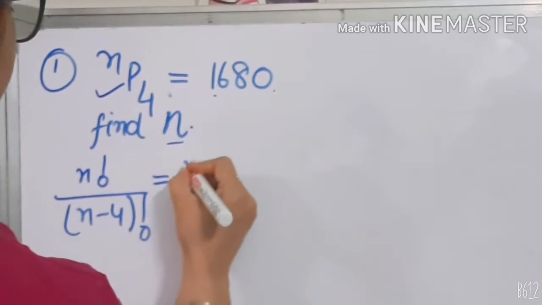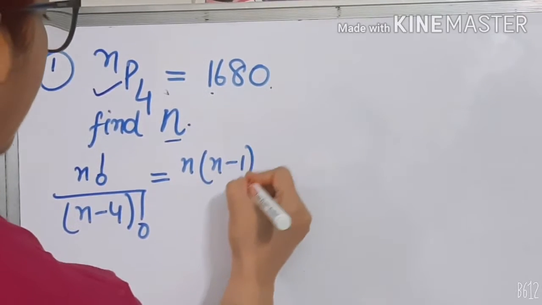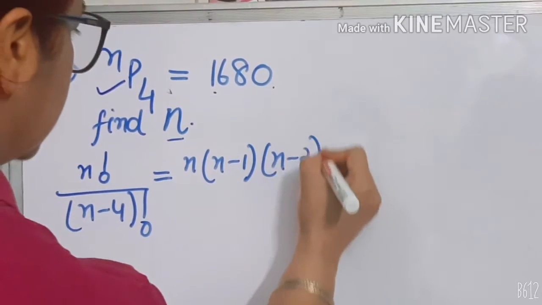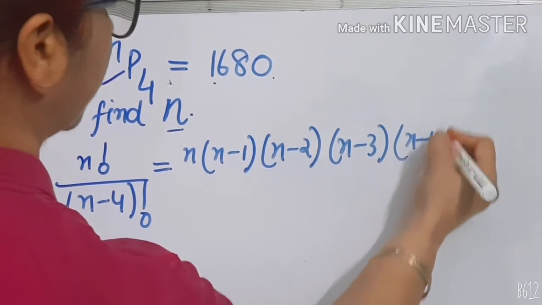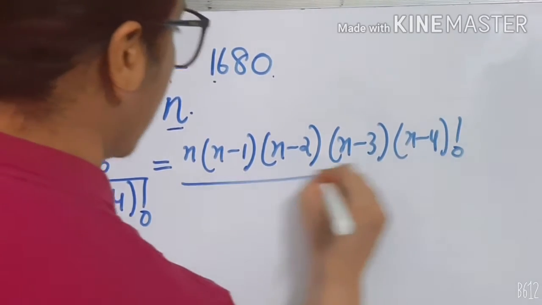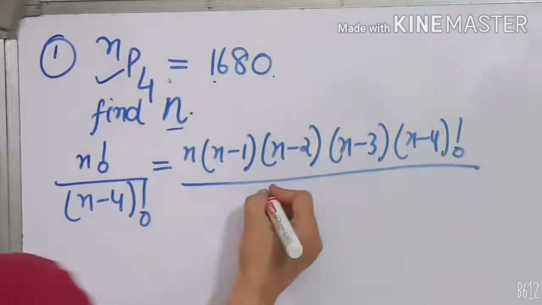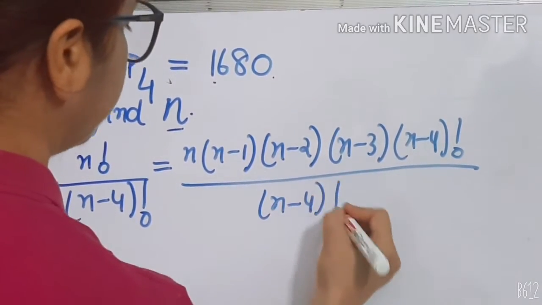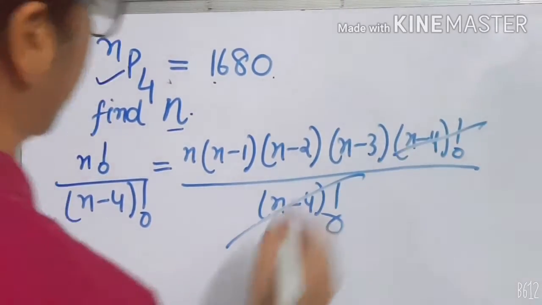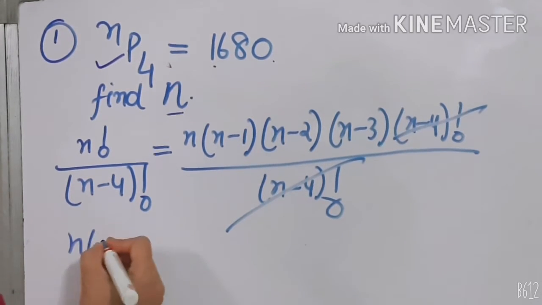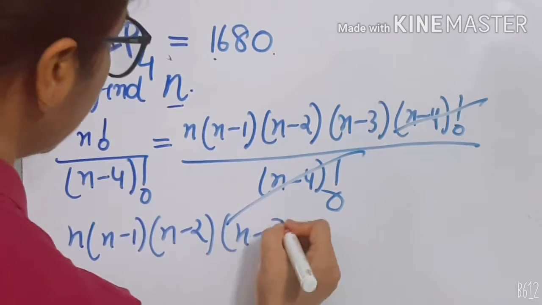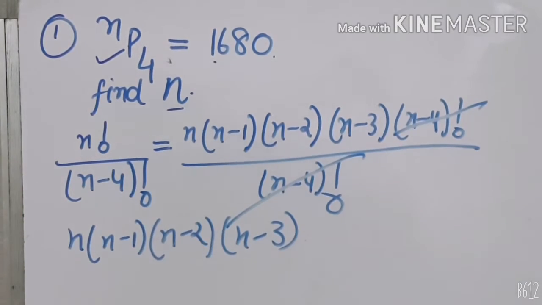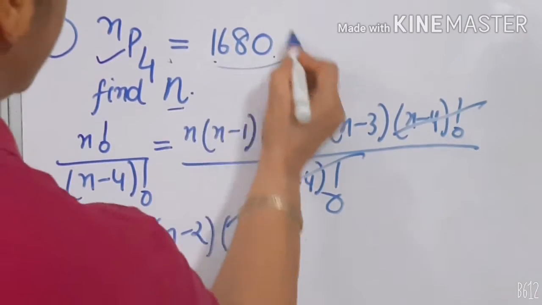If I open it, you get n into n minus 1, n minus 2, n minus 3 and n minus 4 factorial. I stop there because the denominator is n minus 4 factorial. I will cancel this part, and I am remaining with this one. It is like consecutive numbers. Correct?